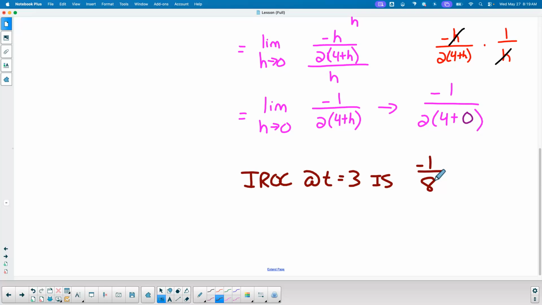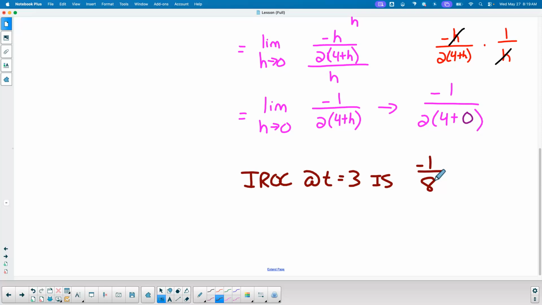Now, mathematically, it doesn't make sense to have to do all of this work for every single time we want to find the instantaneous rate of change. Because I'm not going to deny it, there was just a lot of work going on here.